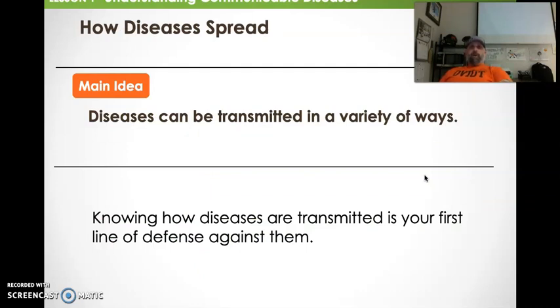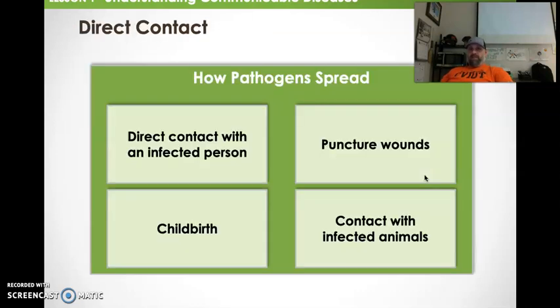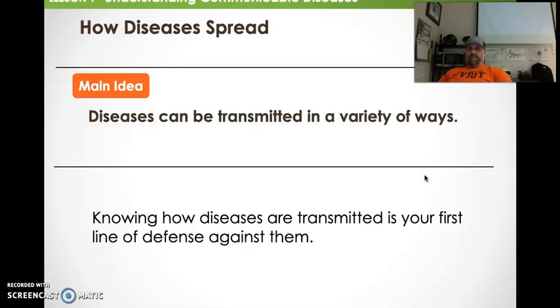So, how disease spreads. Diseases can be transmitted in a variety of different ways. Knowing how diseases are transmitted is your first line of defense against them. If we think about how coronavirus is spread from person to person, we need to know how it's transmitted. Right now, it's what's called airborne, which means it can be breathed in.